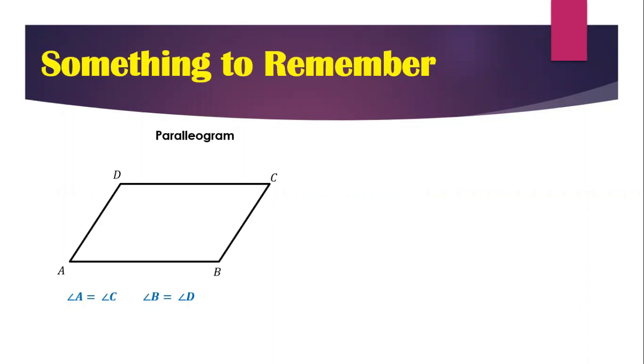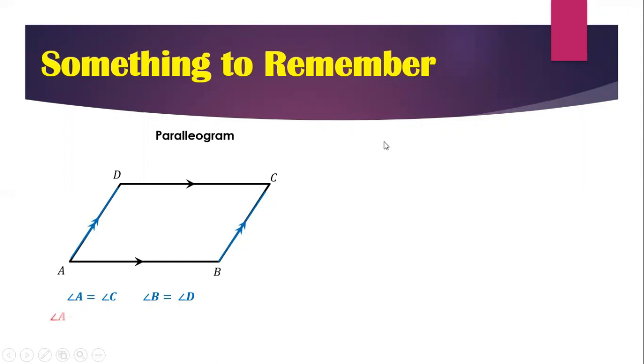Very easy, right? And automatically, line AD is parallel to BC. Line AD is parallel to BC. Easy, right?